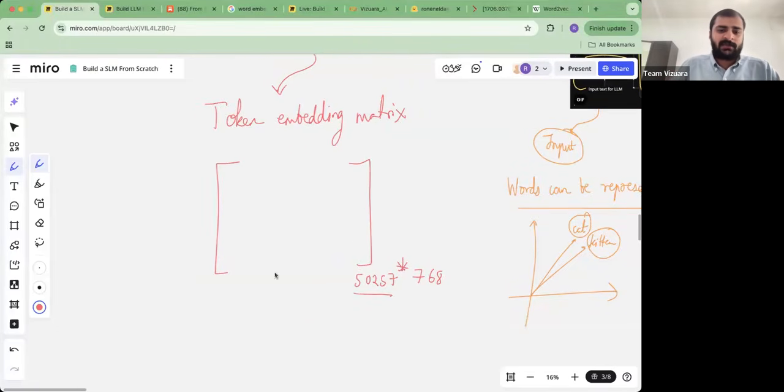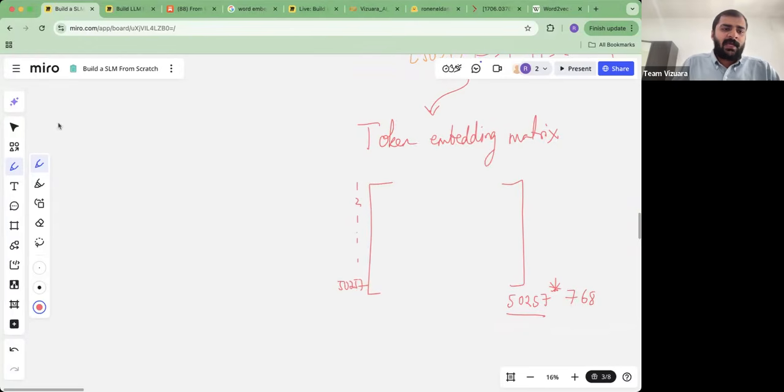And why 50257? Imagine these as the rows. Row number 1, row number 2, these are all my token IDs which are there in the vocabulary. The way it happens is that you first have a huge data set and you apply the byte pair encoding algorithm to it. This data set is not the tiny stories data set.